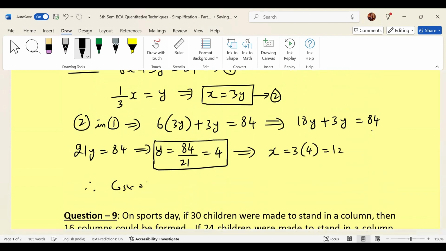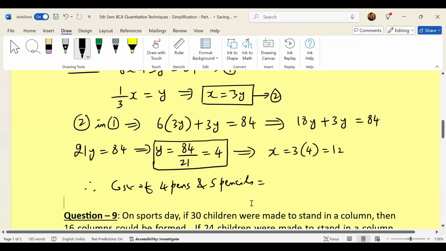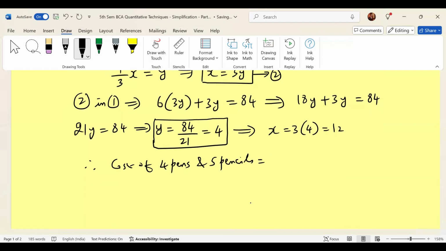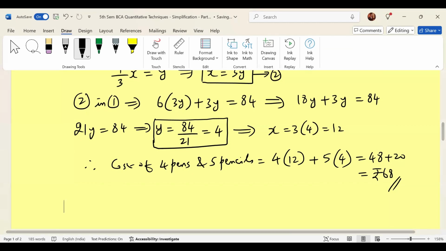Cost of 4 pens and 5 pencils is equal to 4 times 12 plus 5 times y is 4. So this becomes 12 fours are 48 plus 20. That will be rupees 68. So that is the solution for this particular question.